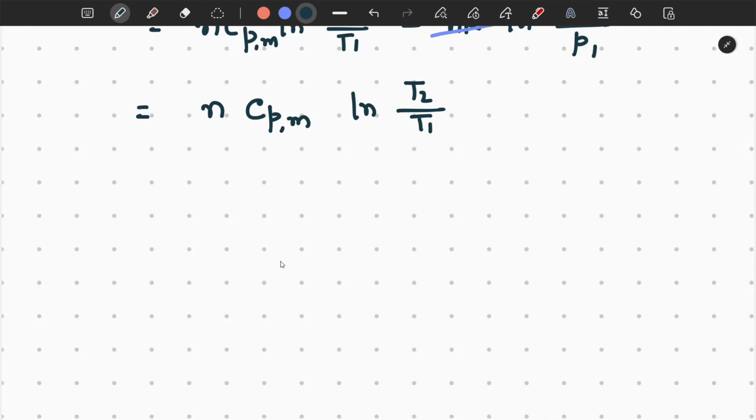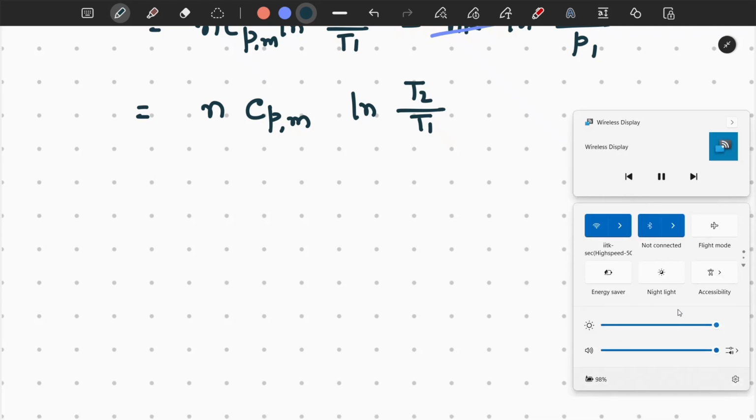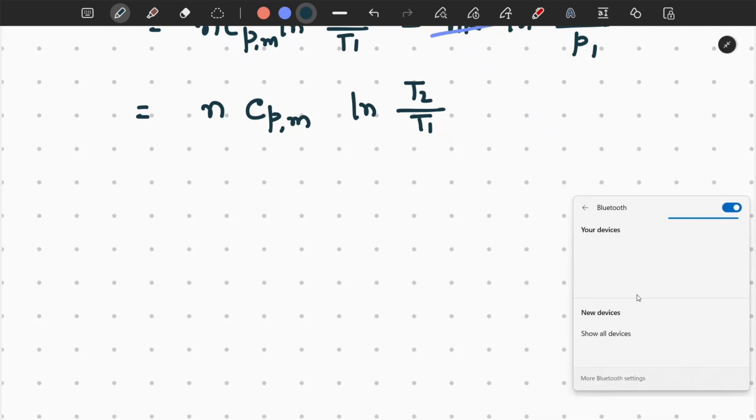We have to calculate it. How can you calculate CP? 0.4184, it is given as the specific heat.